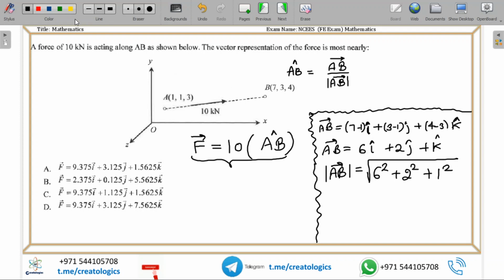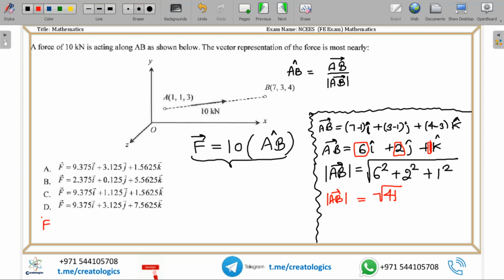What I am taking? I am considering the coefficients, taking their squares and add those. Take the square root of that quantity, that gives you this. It comes out as square root of 41. You can use your calculator to get this approximate value also.